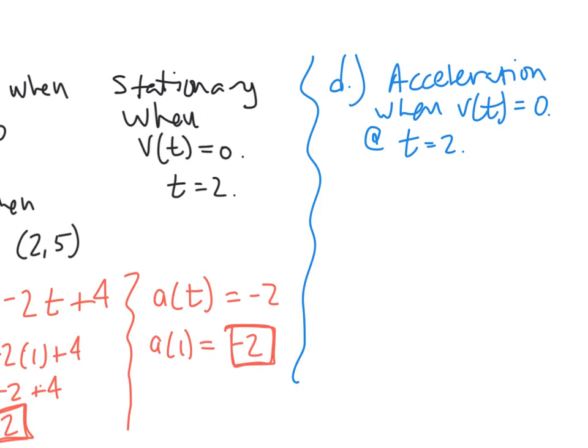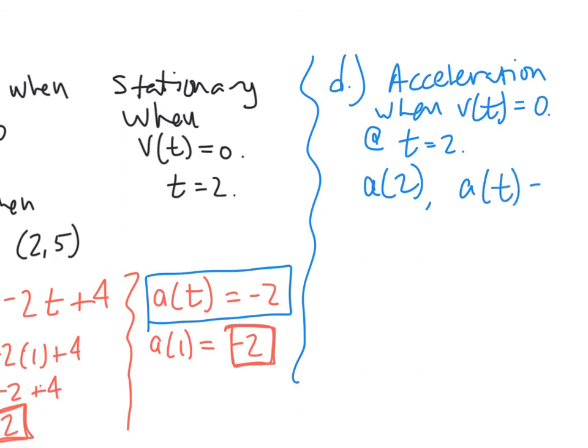So I want to find a of 2. Now my function for acceleration is just a of t equals negative 2. So I know that a of t, my acceleration, is equal to negative 2, and so I plug in 2 into that, and if I plug in 2, I'm just going to also get negative 2.